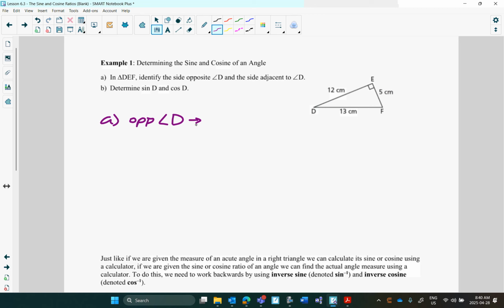5 centimeters. What is the side adjacent to angle D? Careful with this one. 12 centimeters. 13 is the longest side, that's the hypotenuse.